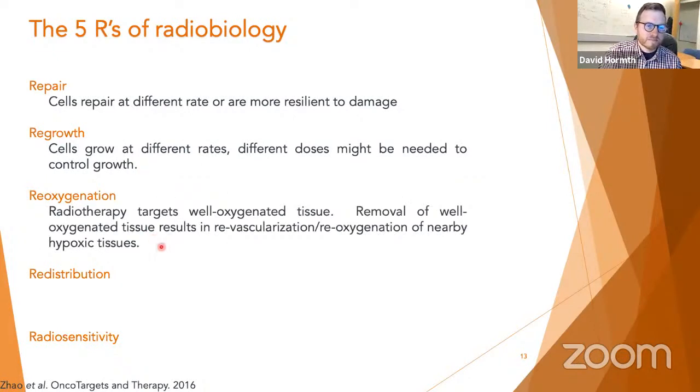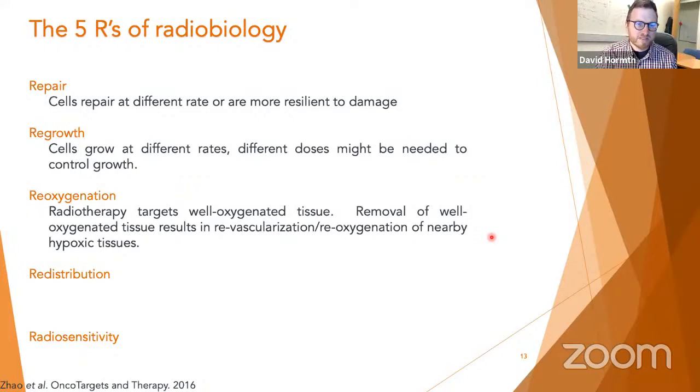Reoxygenation, which is an area that our lab is definitely looking into, is basically this: radiotherapy preferentially targets well-oxygenated, well-vascularized tissue. With each dose of radiation therapy, it kills off that well-oxygenated tissue, and it stimulates increased angiogenesis, which then allows reoxygenation of tissues that were previously hypoxic.